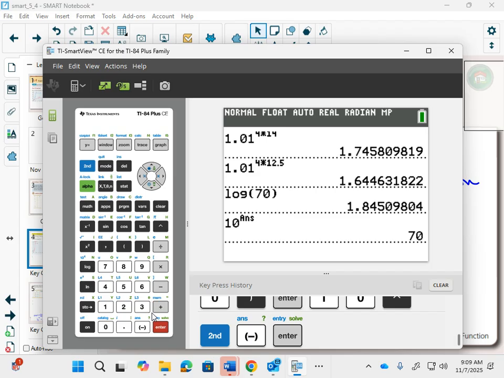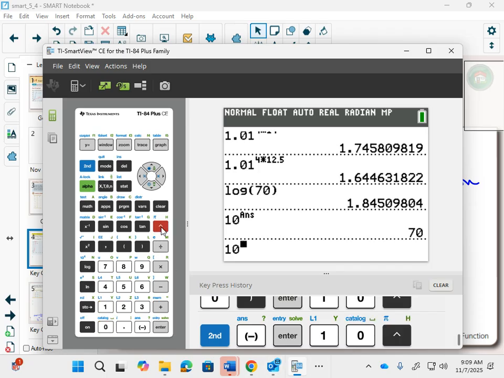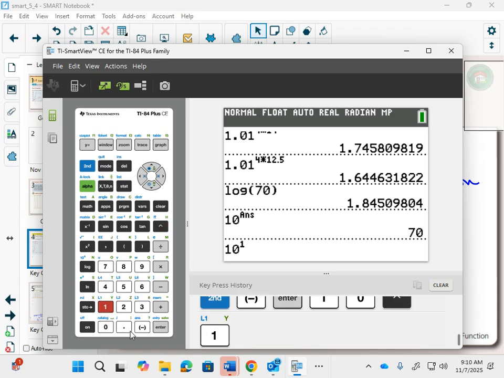So now we have a button in our calculator that does all that math for us. Because the only thing we could do otherwise is guess and check, right? You'd be like, well, I know that 10 squared is 100, and I know that 10 to the 1 is 10. So if I wanted 70, I'm guessing, right?